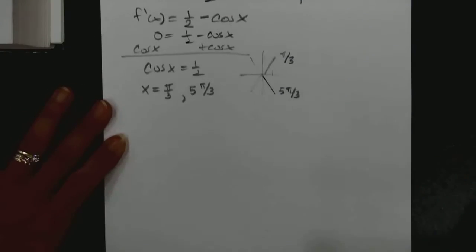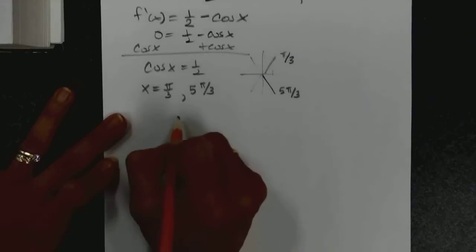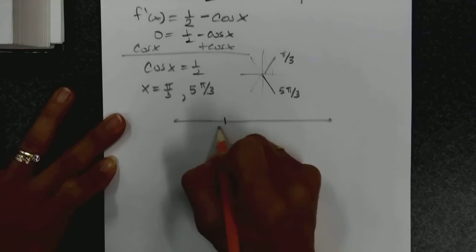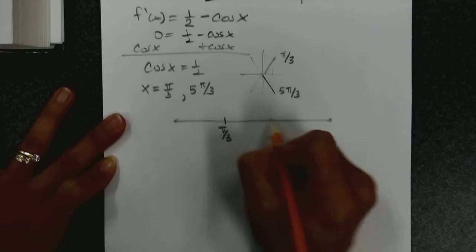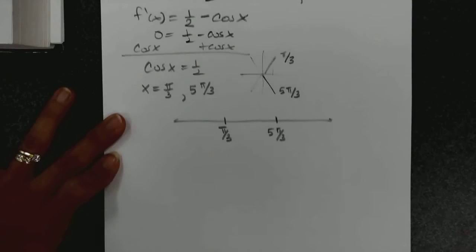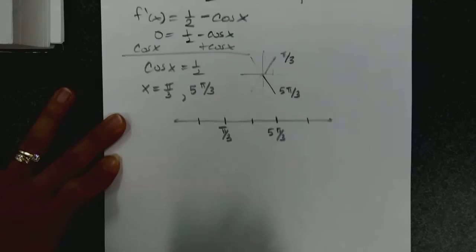So just like what we did with finding increasing or decreasing behavior, we are going to draw that number line. I have pi over 3. I have 5 pi over 3. And I want to know whether those points are relative max or relative min. So we're going to pick a point here, here, and here.